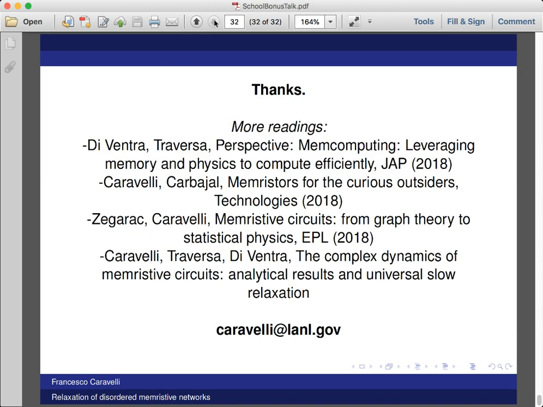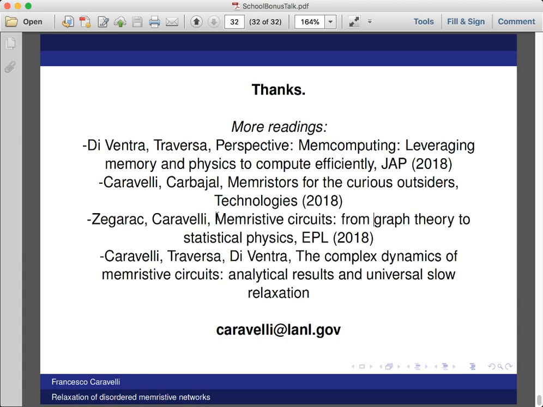On the last slide, I would like to introduce the papers where you can read about memristors. I suggest, for instance, this paper here by Di Ventra and Traversa, which is very recent, in the Journal of Applied Physics. I also contributed to this field myself. Juan Pablo Carvajal and I recently wrote a review for the Journal of Technologies, which is 40-plus pages and very introductory.